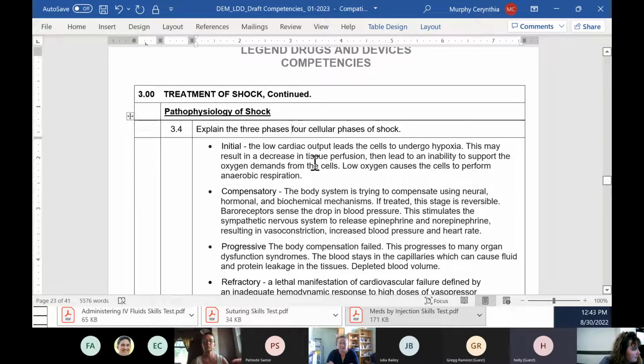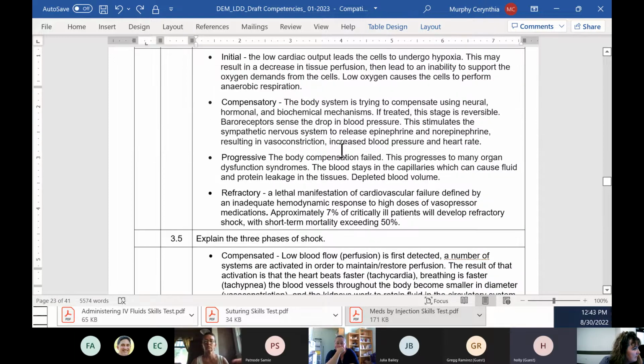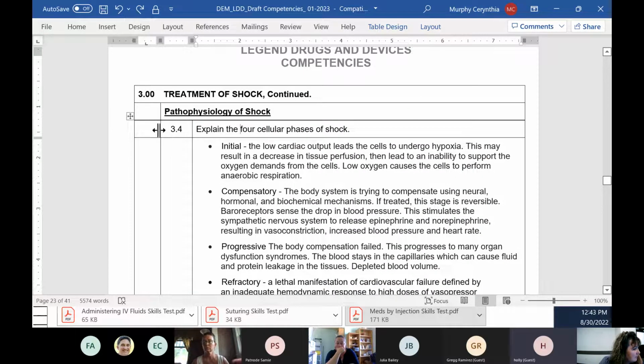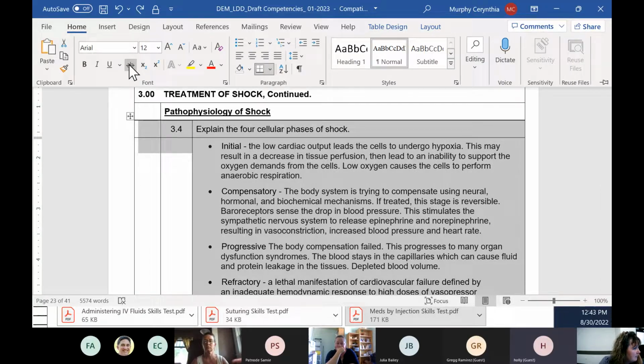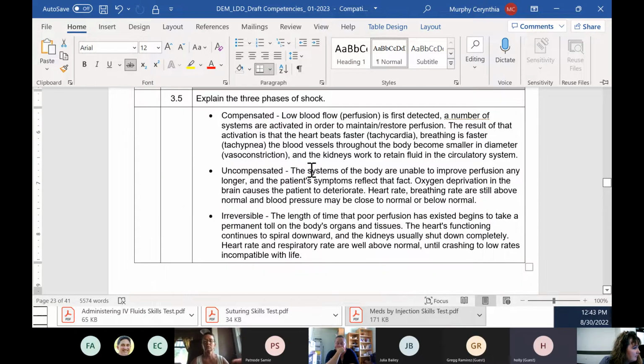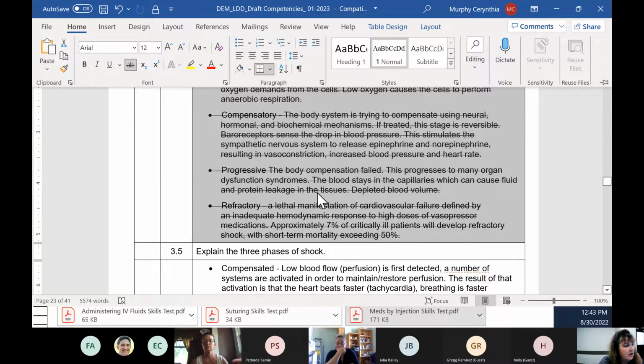So I don't think we need the four cellular phases of shock as long as we have the three phases of shock, because we're not looking at this on a cellular level. What I need is for people to recognize where they are in the shock cycle and that they're doing the appropriate thing, not that they know what's happening on the cellular level. So I vote to remove 3.4. Is everyone good with that?